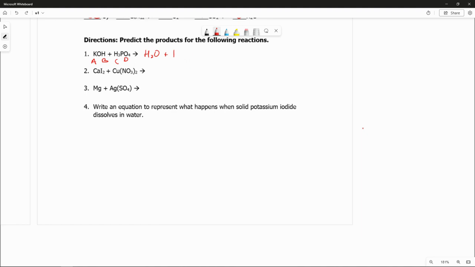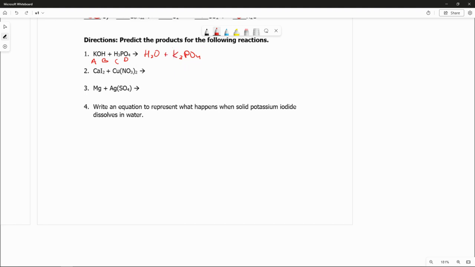Let's write that better. K. We need 3 Ks and a PO4 to make this a total of neutral 0 charge. And water, we know that O is a 2 minus charge and H is a 1 plus charge. There are two 1 pluses, which is a 0 automatically. So the products would be water and K3PO4.